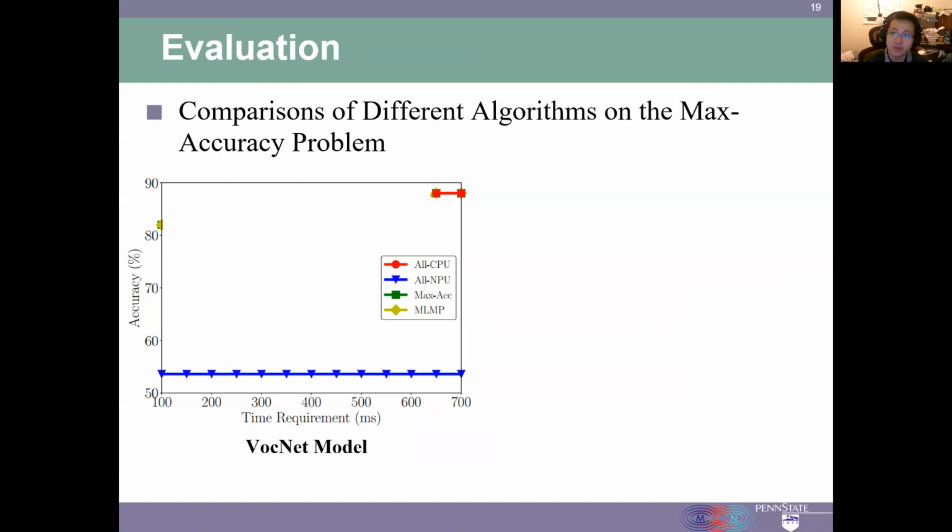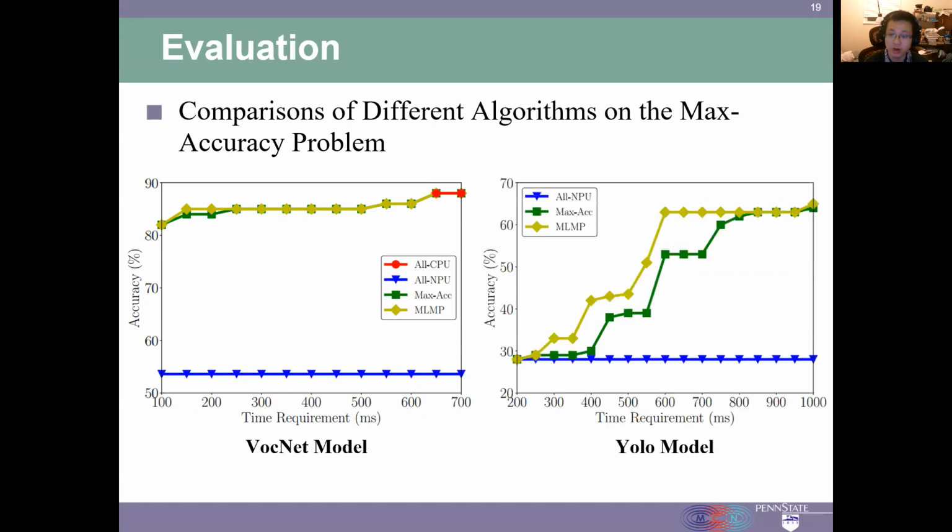As we can see, its performance does not change as the time requirement changes. Our max accuracy algorithm is shown in the green line, and MLMP is shown in the yellow line. As we can see from the figure, they have similar performance for VocalNet. MLMP slightly outperforms the max accuracy algorithm. This is because VocalNet is very simple. It just consists of several layers, and both algorithms can find good layer combinations to improve the accuracy.